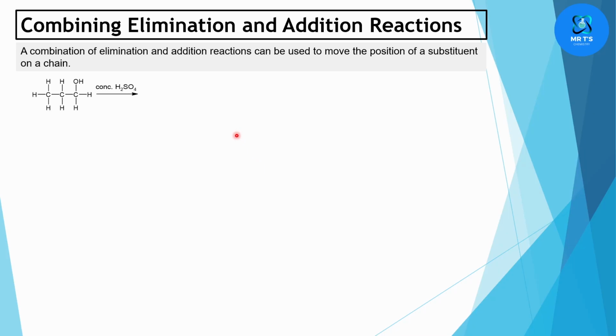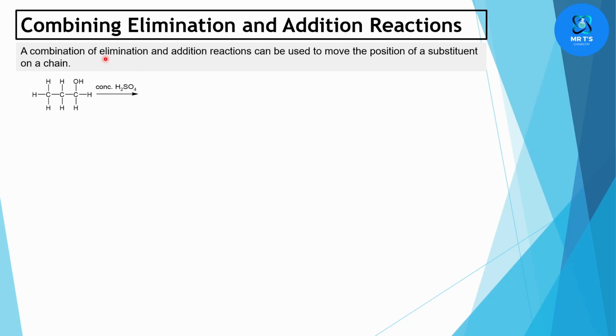In this case, we have propan-1-ol, and I want to turn it into propan-2-ol. I can do a sequence of elimination and addition reactions that will move where the substituent, the OH, is attached. At the start, the OH is attached to the first carbon. So I'm going to add concentrated sulfuric acid.